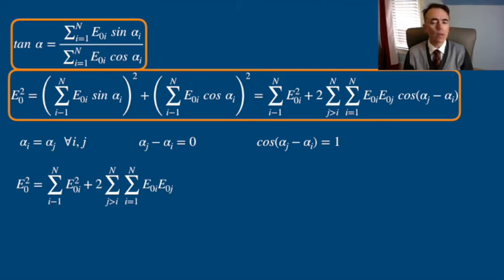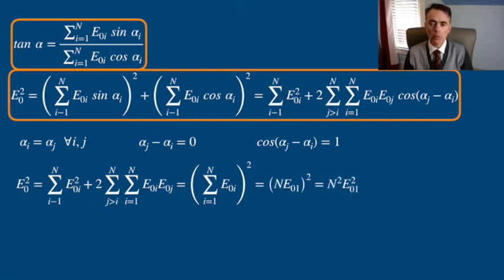But if you look at this closely, you see that this is the square of the sum of the E0s. So we can rewrite this as the square of the sum of E0i, but because all the n E0i are equal, then it is (n E01) squared, which is n squared E01 squared.